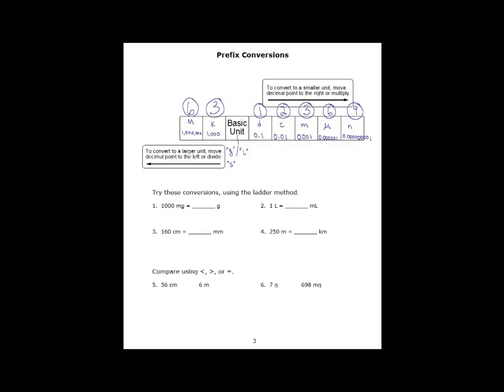Okay, so I'm going to go through these examples 1 through 4 with you, and we're going to use this ladder. So the question asks to convert 1,000 milligrams to grams. So grams is our basic unit.